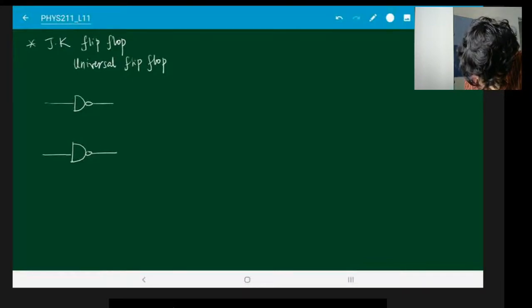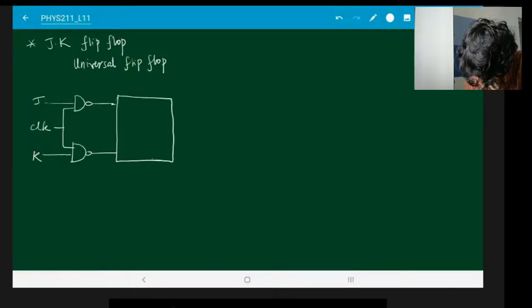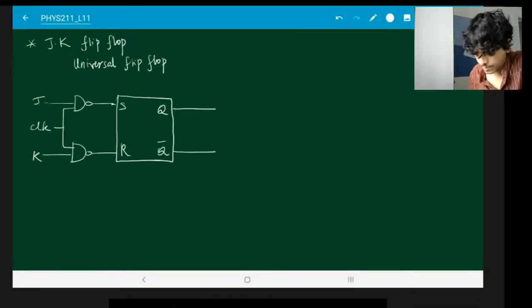It also takes in input from the clock pulse. So now these two inputs are called J and K, they are not called RS. The output of this you feed to your RS flip-flop. And this is your output Q and Q bar.